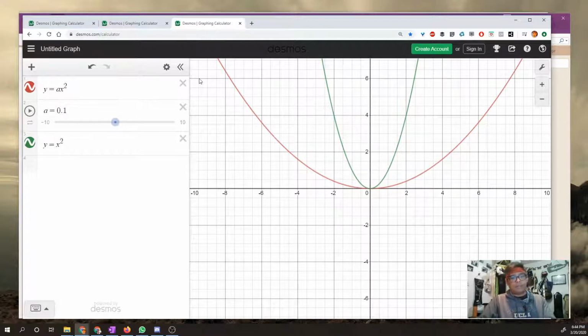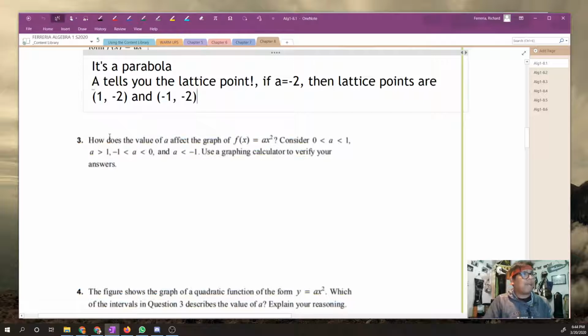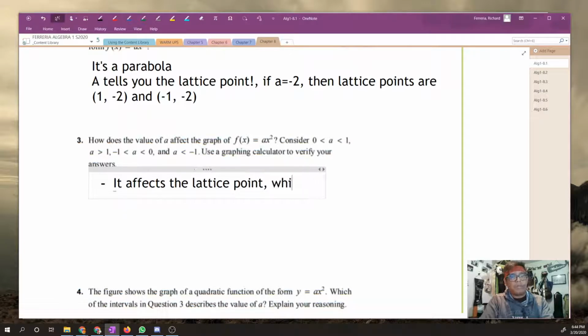So, back to our journal. How does that affect the graph of f of x equals ax squared? Well, it kind of controls two things. They're both related. First of all, it affects the lattice point, which affects the thickness of the graph.